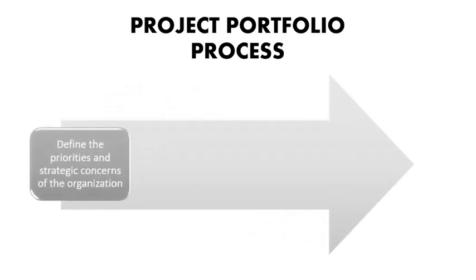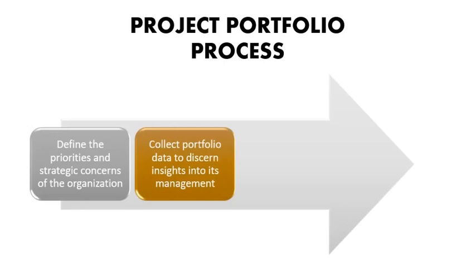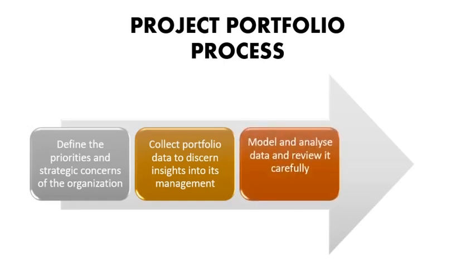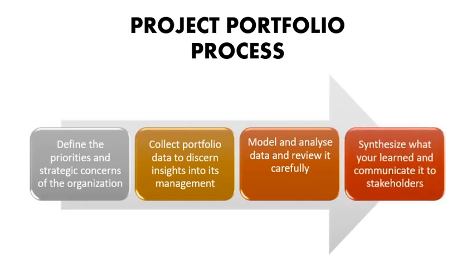The first step would be defining the priorities and strategic concerns of the organization, then collect portfolio data to discern insights into its management, model and analyze data and review it carefully, and lastly, synthesize what you have learned and communicate it to the stakeholders, sponsors, and the clients of the project.